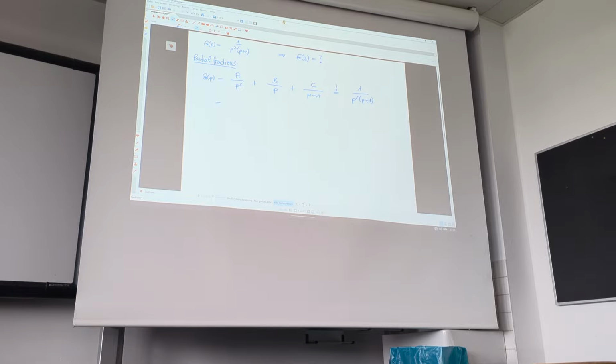Yeah, so we are looking for a fast solution. So, I mean, we can bring everything back to the same denominator. If we want to get back to the p squared times p plus 1 denominator, what do we have to do with a?